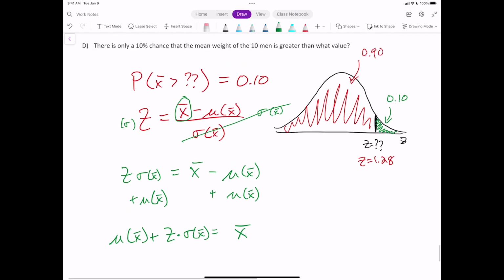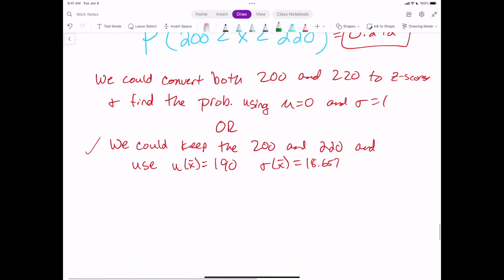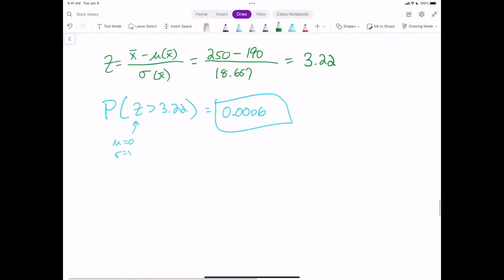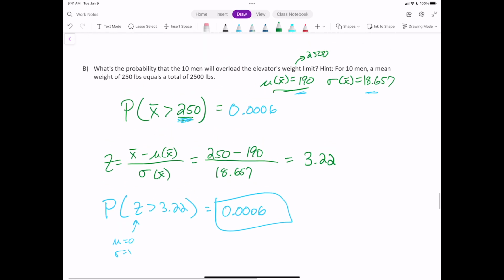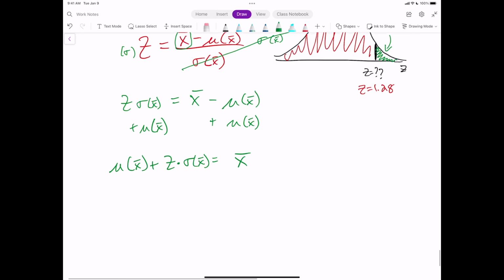So what's that? We know that the mean of x bar is 190. So we take 190 plus our z-score, which we found to be 1.28, times the standard deviation. All right, let's put that in the calculator.